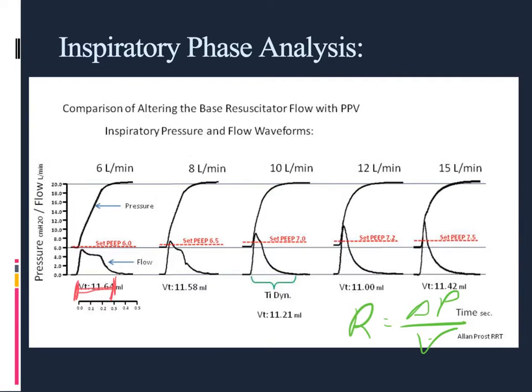You'll notice that the TI dynamic is about 0.4 seconds, and gets down to about 0.3 seconds or so when you're using the higher background flows in the NeoPuff. This can be quite significant when you're ventilating at higher respiratory rates, such as 50 or 60 breaths per minute, because we want to limit that TI so that we don't have breath stacking. So if the time it takes to get equilibrium is of concern to you, you might want to choose a little bit higher background flow rates.